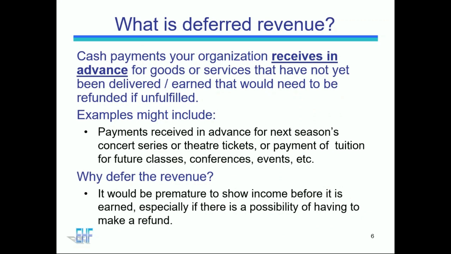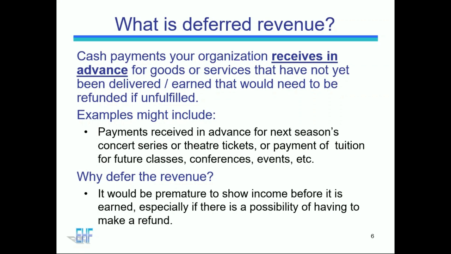Deferred revenue is a cash payment your organization receives in advance for goods or services that have not yet been delivered or earned and that might need to be refunded if unfulfilled. Examples might include payments received in advance for next year's concert series or theater tickets, or payment of tuition for future classes or conferences or events that the organization is holding.